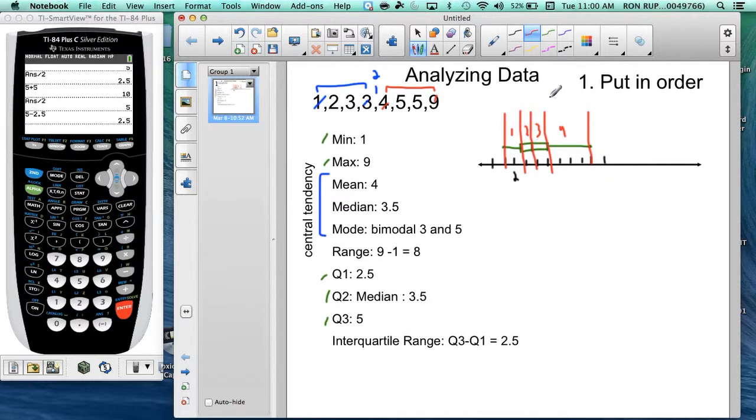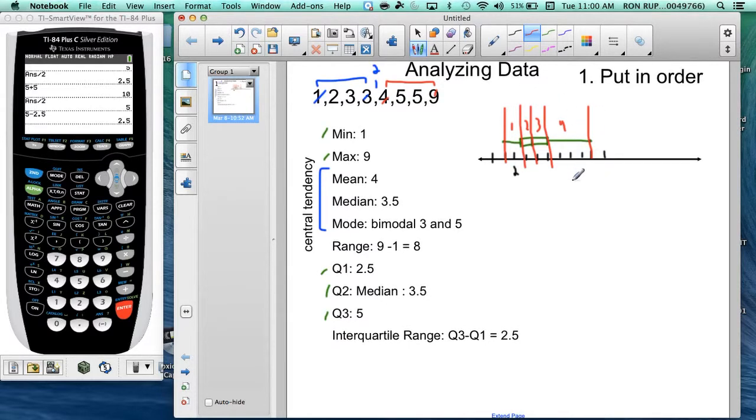And so you can be asked questions, how, if you're looking at 50% of the data, you're looking at this half, or 75%, quarters 1 through 3, or the last quarter, you're just looking at quarter 4. So it could ask you some questions about that information. Just know that that's why we have 3 quartiles, 1, 2, and 3, so it can divide it into 4 quarters.